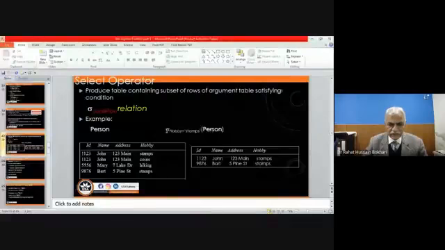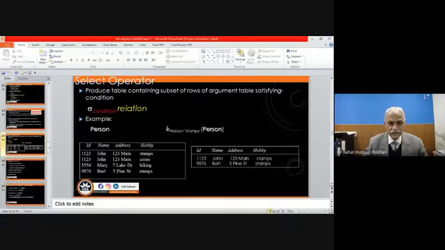In the syntax that is written, you have to give this sigma, then you give here the condition. I can write here hobby not equals to stamps. Yeah, I can write here ID greater than 1123. You can give any condition. I can write here hobby equal to stamps and ID of this person greater than 1123.